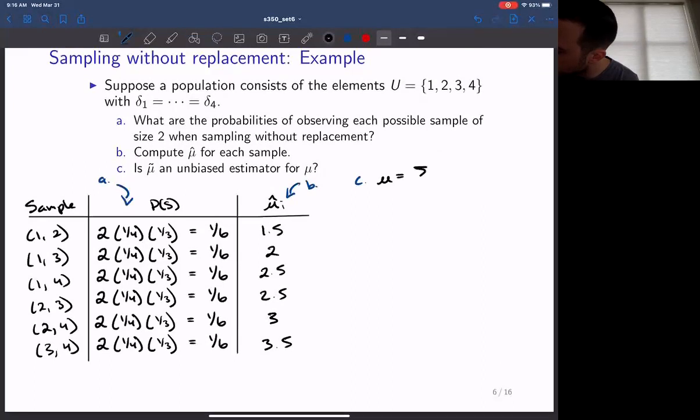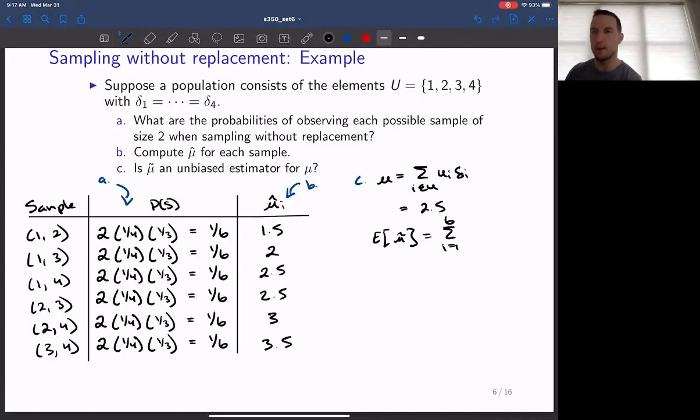So the true mean is equal to the sum over I in U of the ui multiplied by the delta I. So that's going to give us 2.5. There's no difference there. And then the expected value of mu tilde is going to be the sum from I equals 1 to 6.